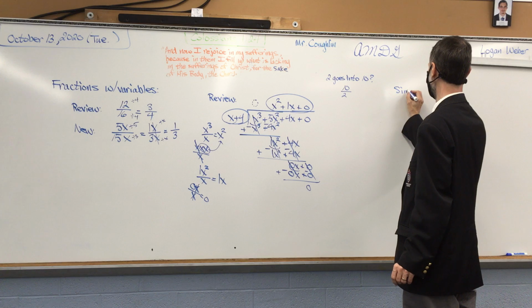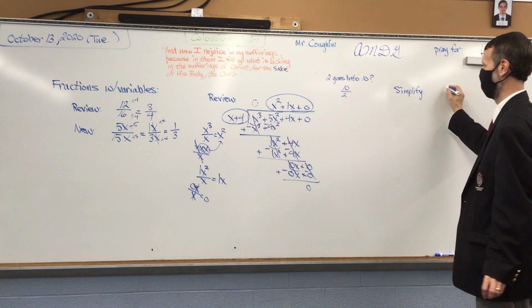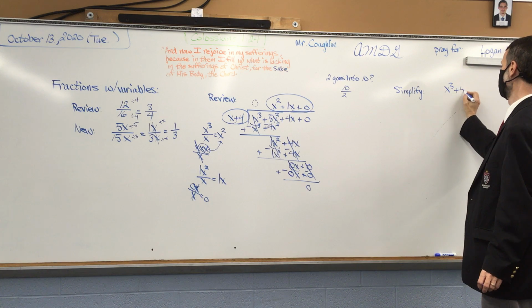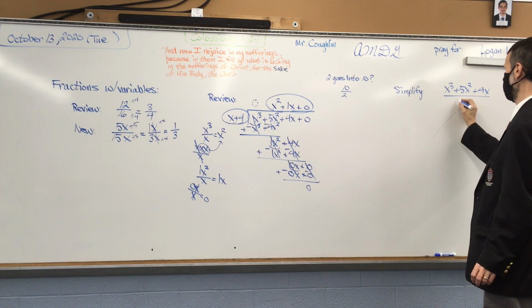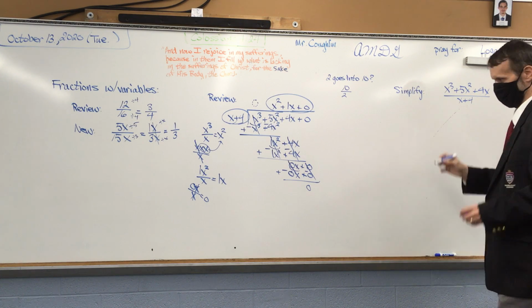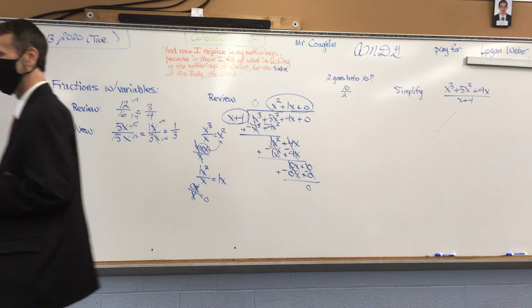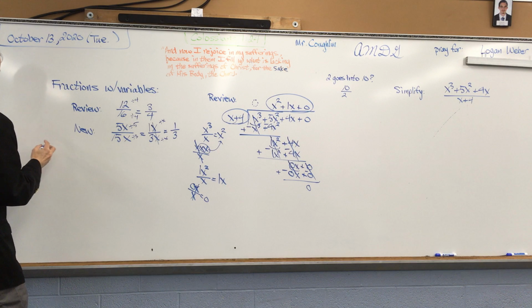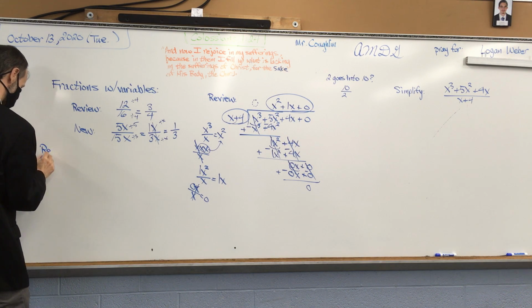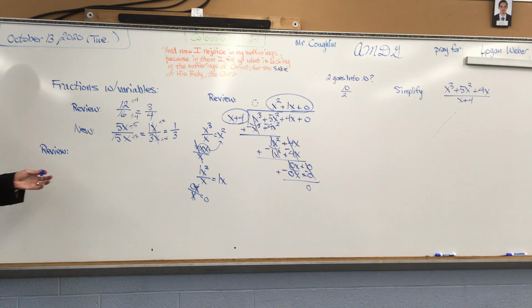Please write this down. Simplify: x cubed plus 5x squared plus 4x over x plus 4. Go ahead and write that down. As a quick review, you don't have to write this down unless you want to, and this is especially for the people who were not here before.